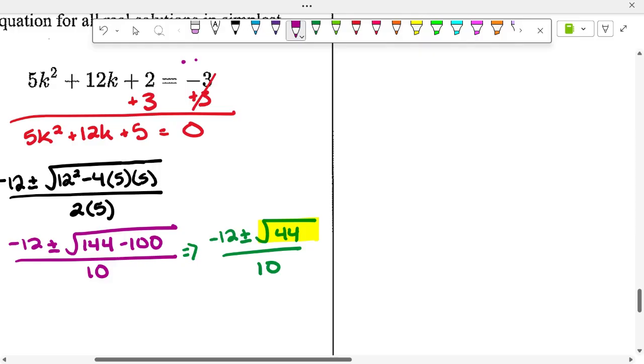So if you divide 44 by all your perfect squares, which one is most likely to work and be the highest? So take a minute, find the set of factors where one of them is the perfect square, and I want the biggest one.